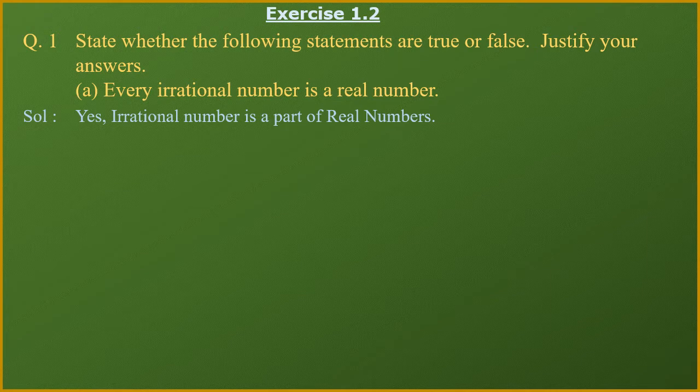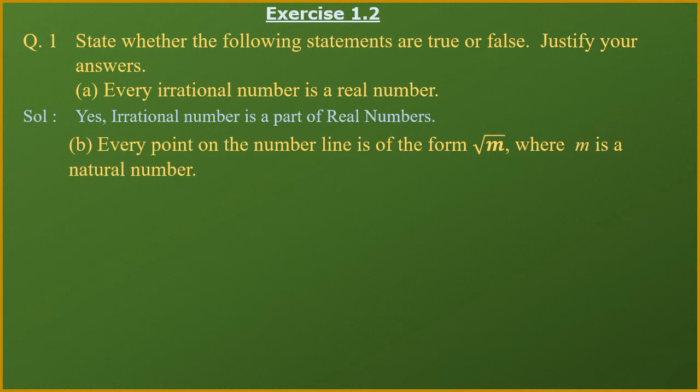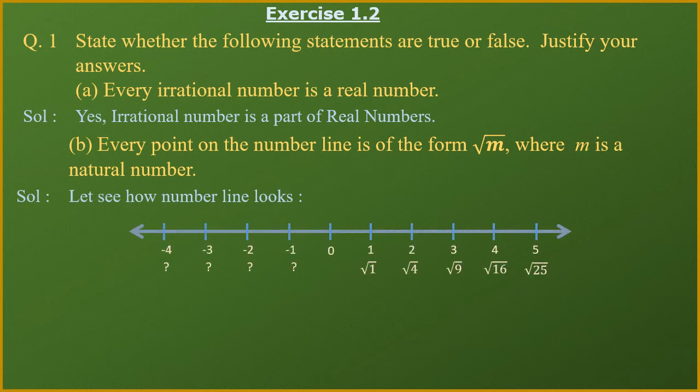See the second part. The second part says: every point on the number line is of the form root of m, where m is any natural number. Okay, first of all look at the number line. See how our number line looks. So this is my number line.